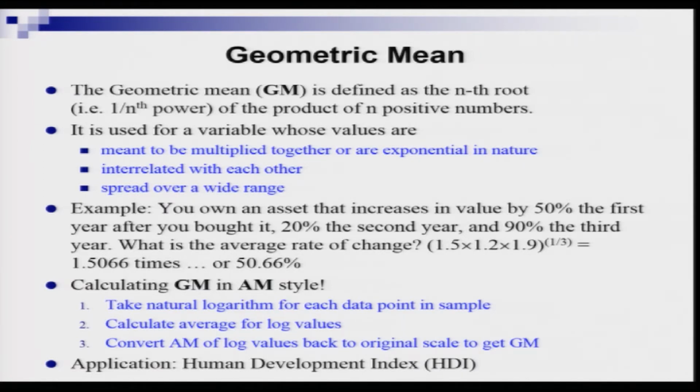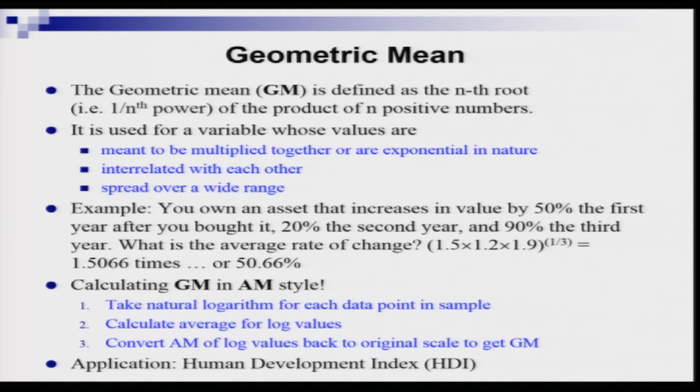Despite its limitation, this is used for a variable whose values are either meant to be multiplied together or are exponential in nature or interrelated with each other, especially when you are dealing with time series data or financial data, or data spread over a wide range.